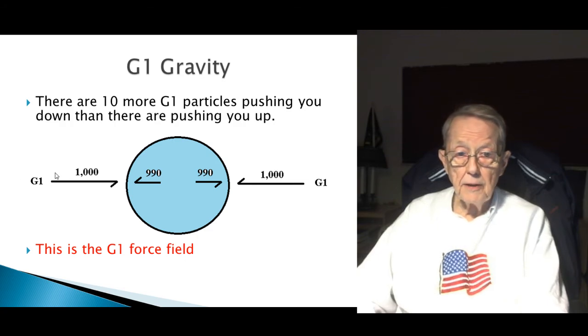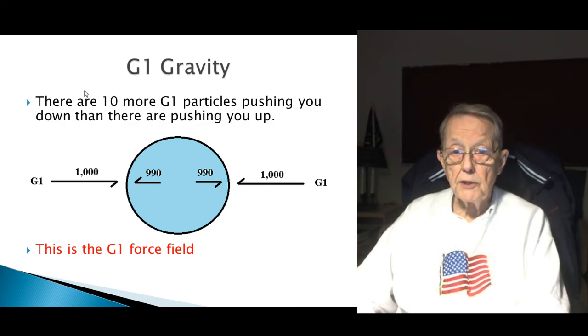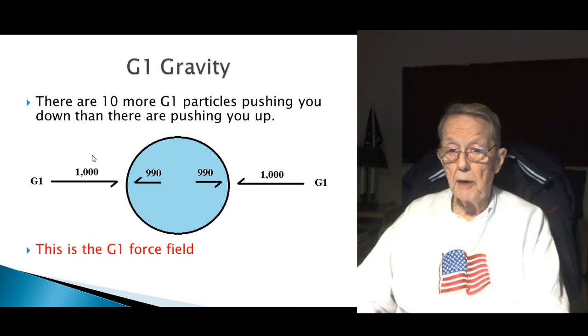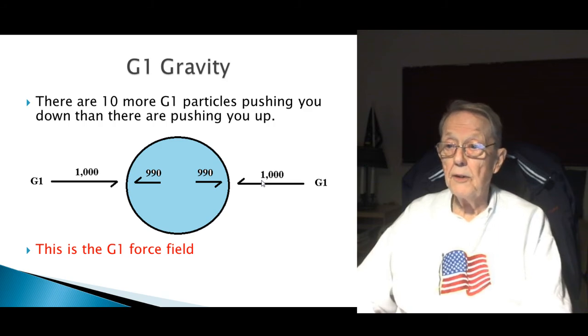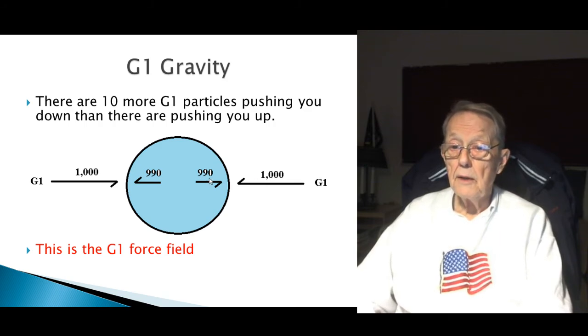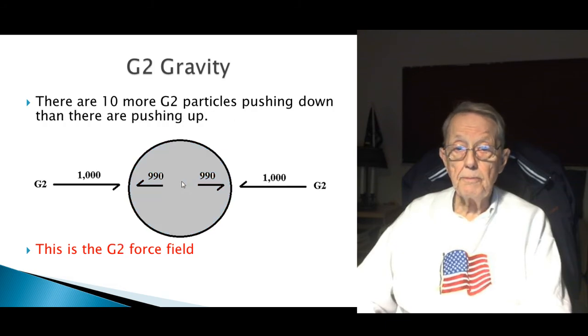Even though I call this a force field, I don't draw all this other stuff. I just draw the force field. I'm really representing the difference between how many are pushing up or pushing down. Keep in mind, the particles are still there. The 990 particles didn't disappear, and the 990 particles here didn't disappear. They're there trying to push you up or push you down.